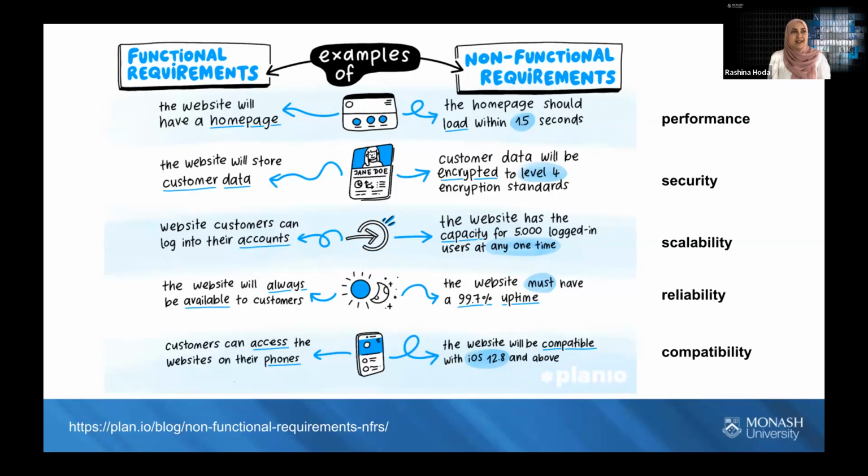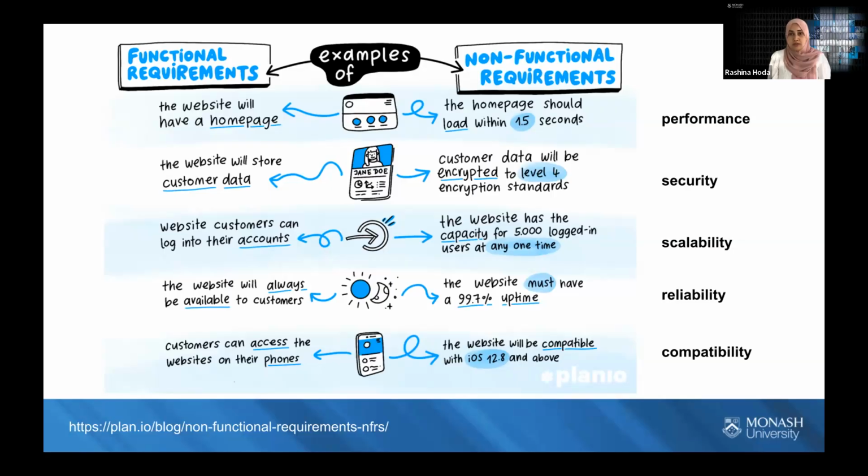Then you dig a little deeper and get them to commit: how fast is fast enough? Eventually you might land at something like, okay, the homepage should load within 1.5 seconds. That's what I define as fast. This is an example of a non-functional requirement described in very concrete detail, in a way that you can actually implement it.